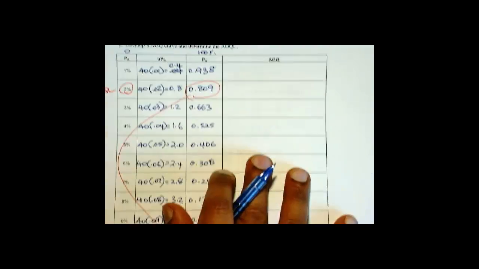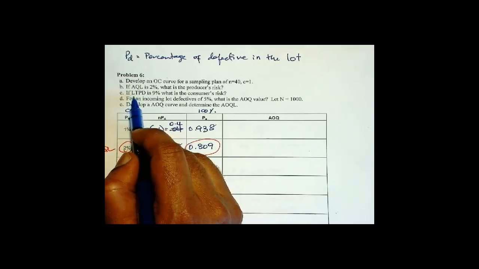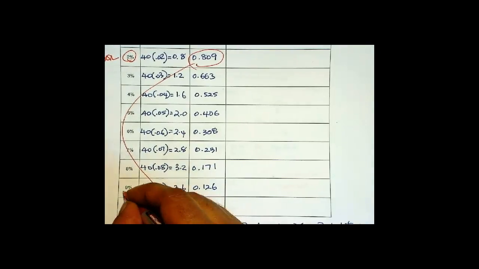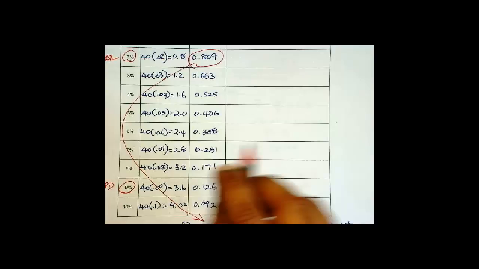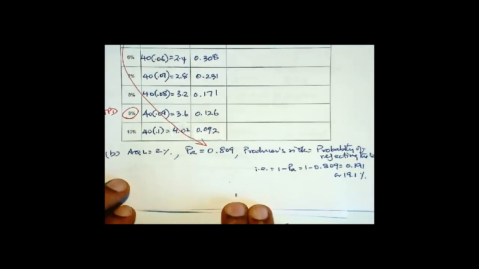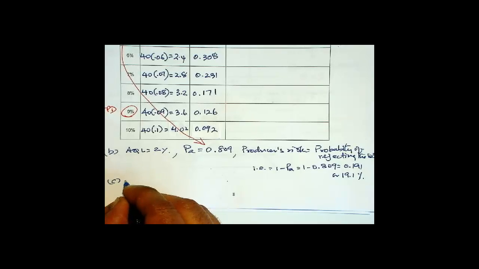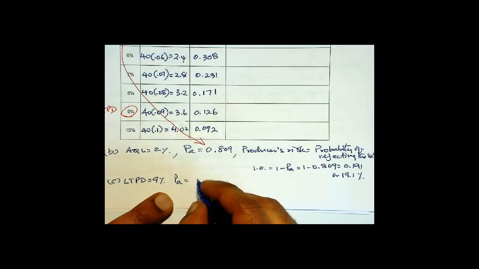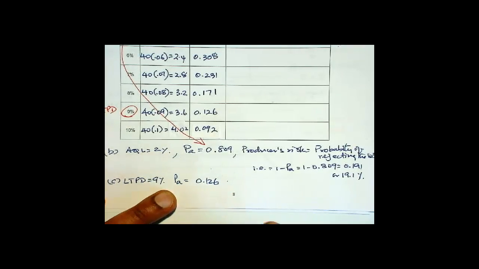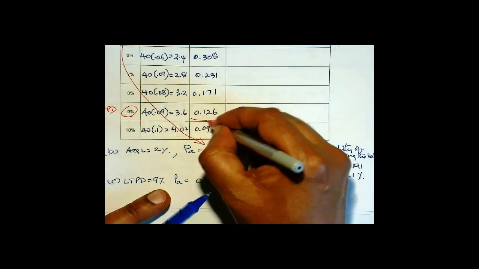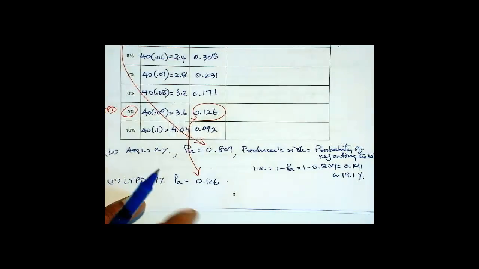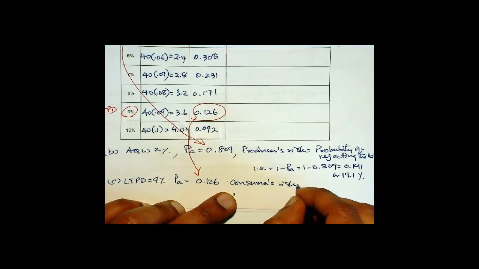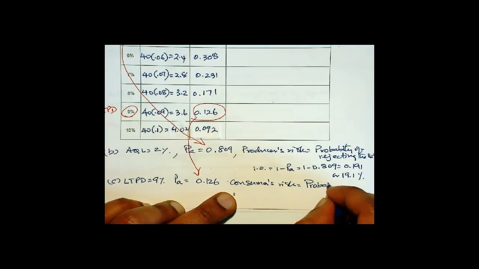And C is we want an LTPD of 9%. What is the consumer's risk? LTPD is 9%. P sub A is 0.126. So that comes straight from here. So consumer's risk is the probability of accepting that bad lot.